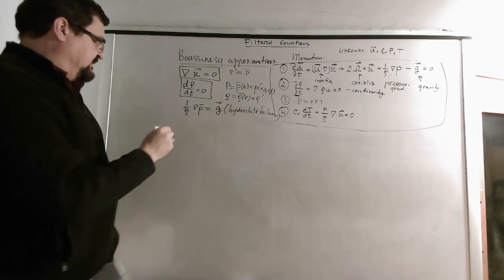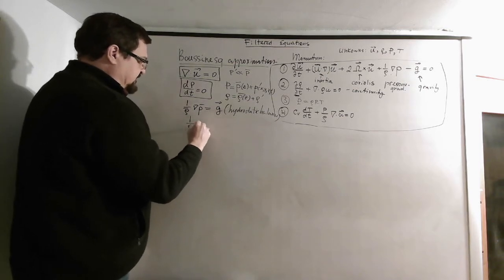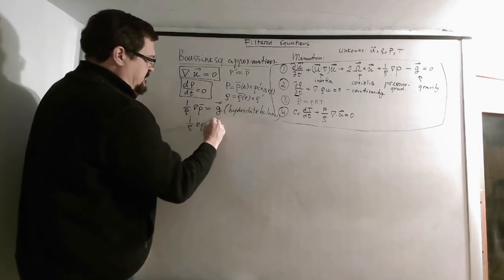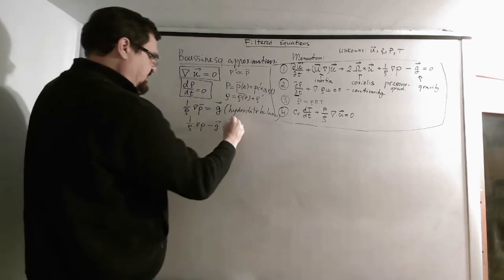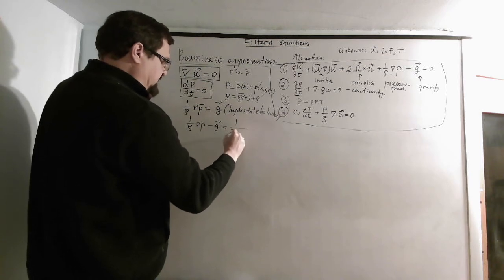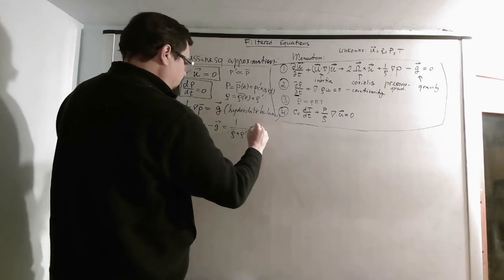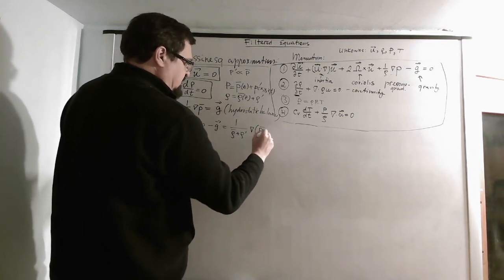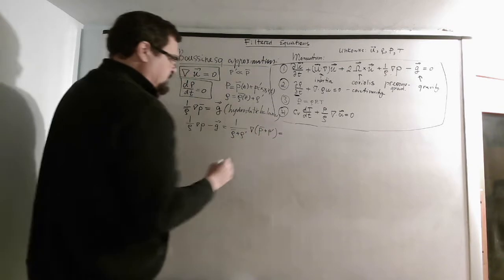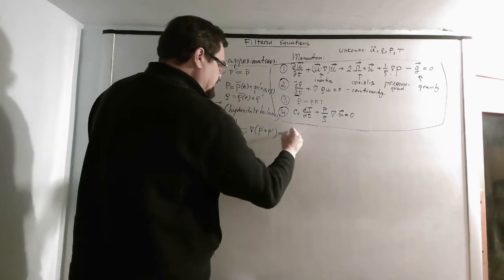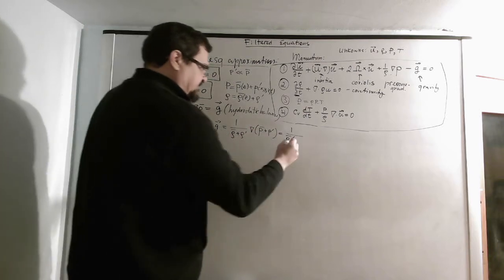So now let's substitute these definitions in there. We have 1 over rho mean plus rho prime, times gradient of P bar plus P prime equals. Now let's do it like this: take rho bar out from this.